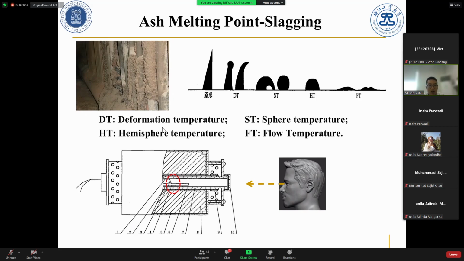The melting temperature has 4 kinds: deformation, softening, hemisphere, and flow temperature. Like this is the original, and after heating it will become this, this, this. This is very simple. You just use a furnace, make a cone here, and watch. You increase the temperature slowly and watch what happens. Maybe they take it 2 times and get the average.